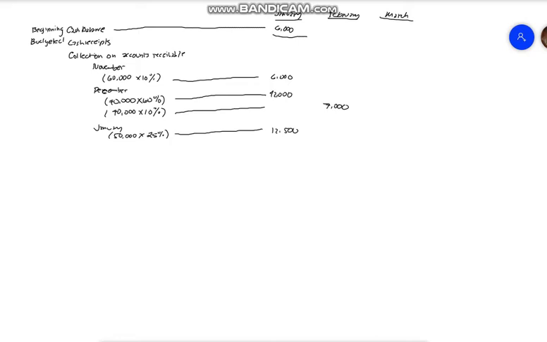For the second month, which is February, that's 50,000 times 60%, which is 30,000. And then 50,000 multiplied by 10%, we're going to place it under March. So that's 5,000.